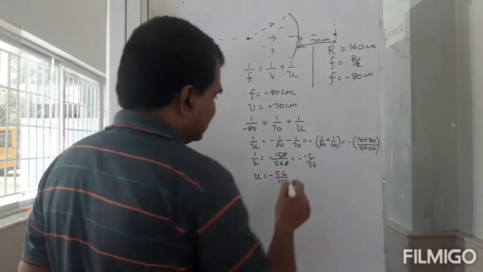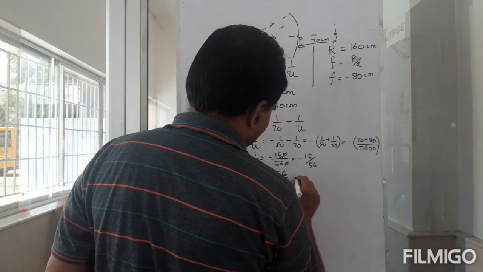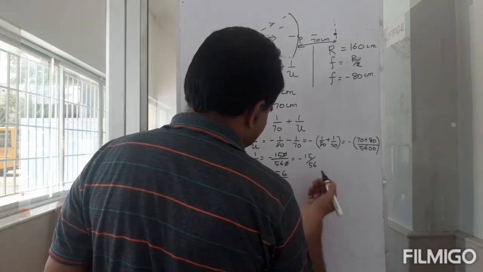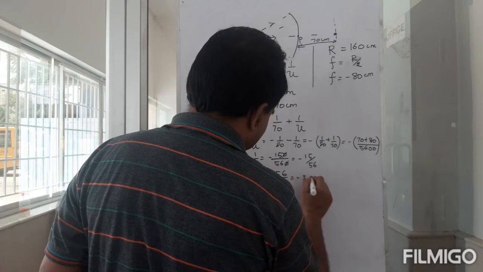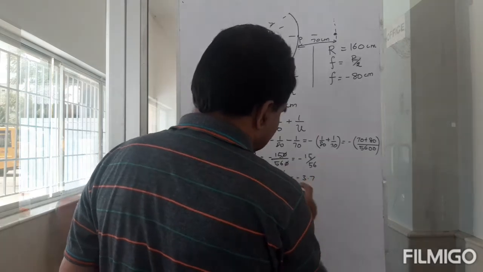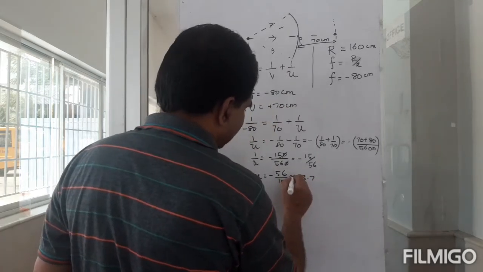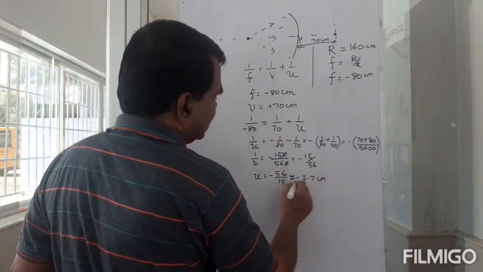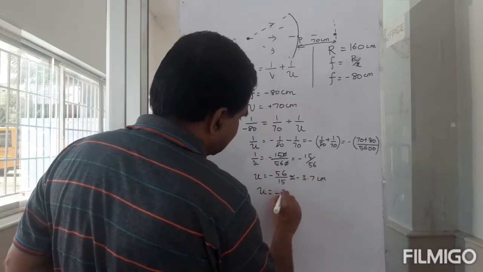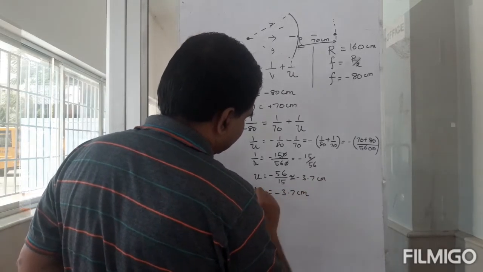So the answer will be less than 4, maybe 3.8 or something. We can calculate, it's approximately equal to this, is what I'm saying. So centimeters. You see, your u is now minus, say, 3.7 centimeters or something.